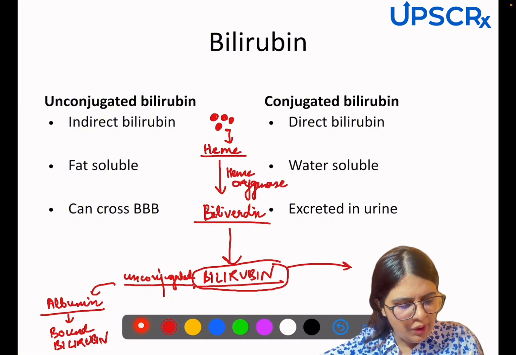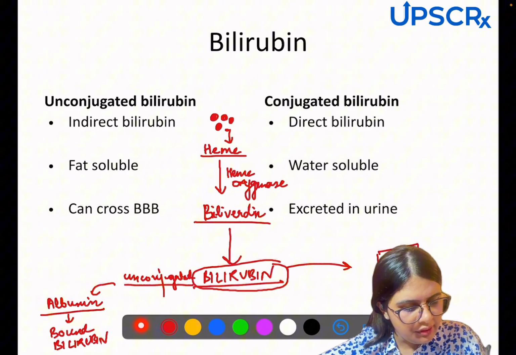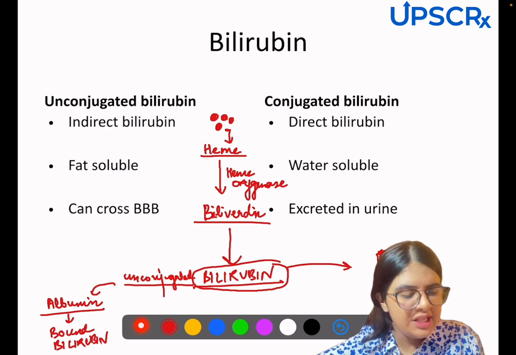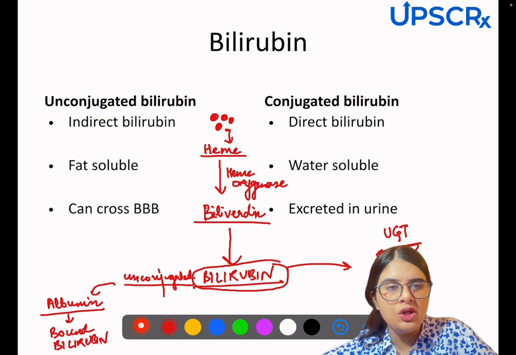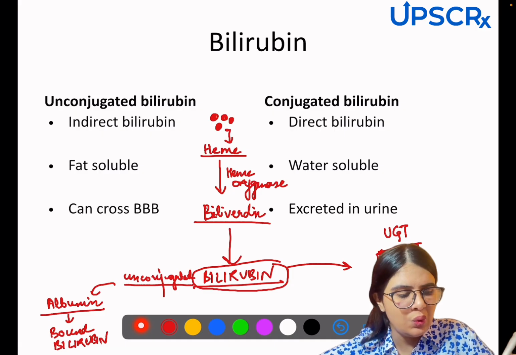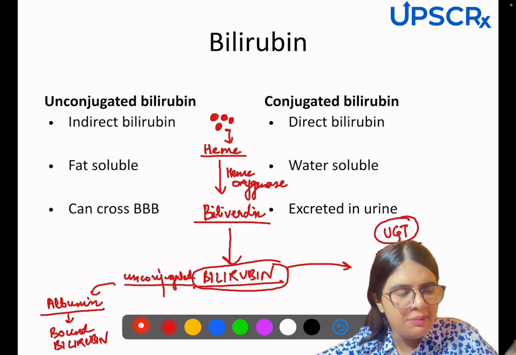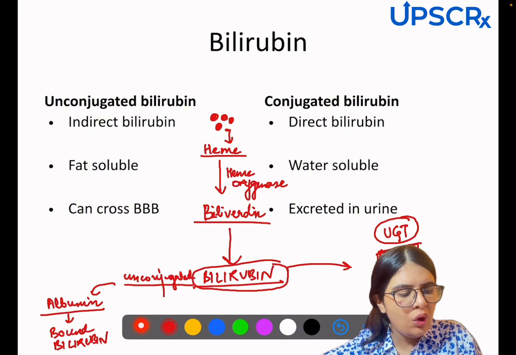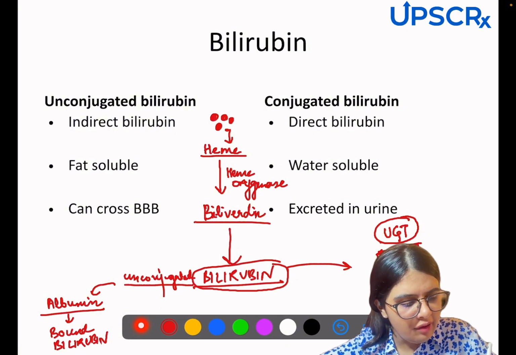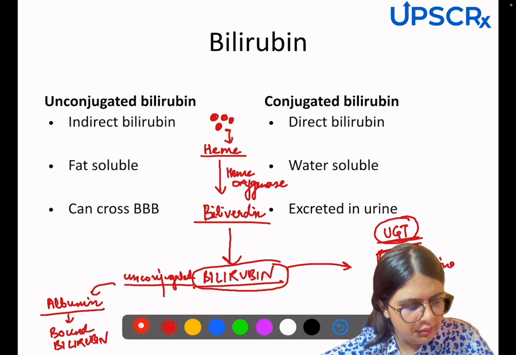Now this bilirubin will go into the liver, and in liver there is one enzyme which is known as UDP glucuronyl transferase, also known as UGT, and this enzyme is responsible for conjugation of bilirubin. So when this enzyme acts on unconjugated bilirubin, it forms conjugated bilirubin.